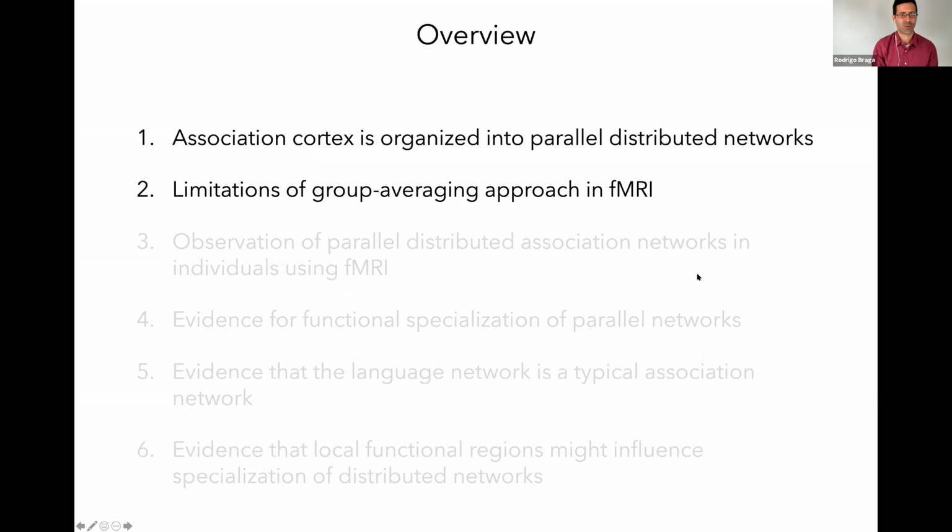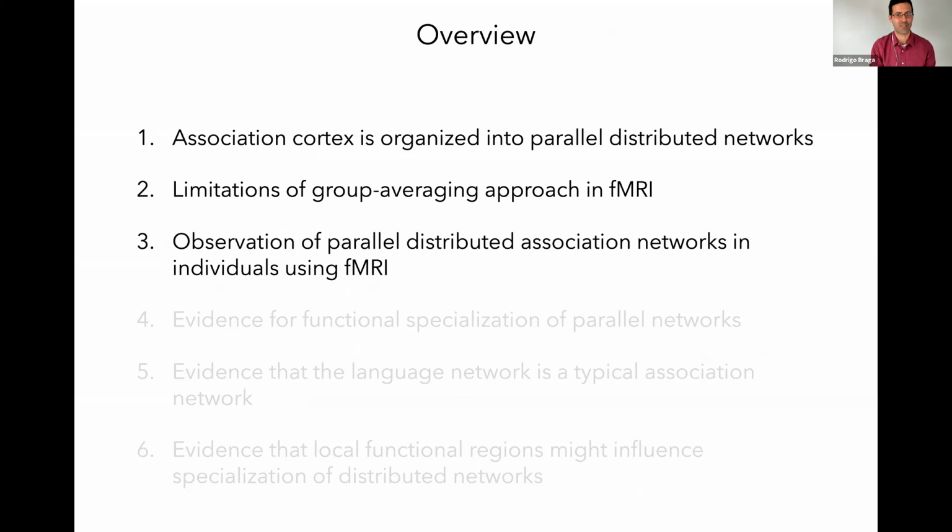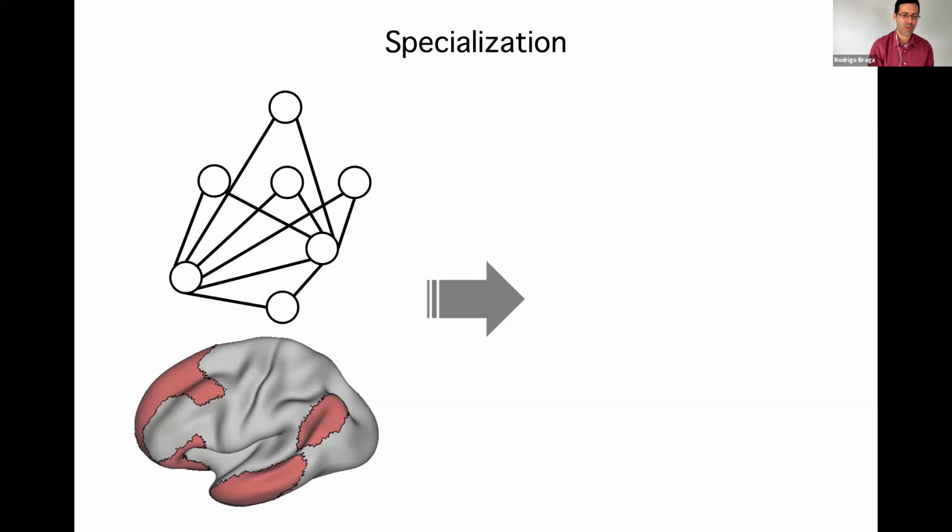Okay, so I've just talked about how we can observe these parallel distributed association networks within individuals using fMRI. And one thing you may be asking yourself is, how does this organization emerge? And one idea is that early in development, association cortices are wired into this broad distributed motif of projections.